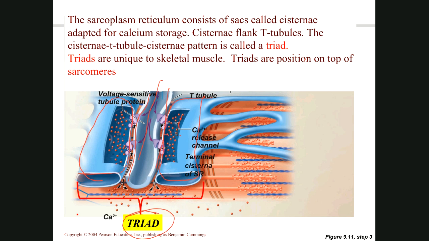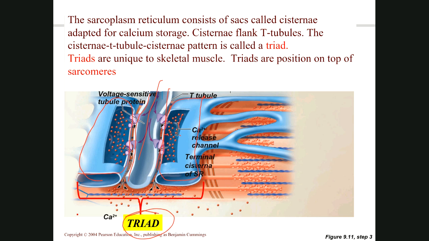Essentially what's going to happen is that the nervous impulse, which is commanding the cell to contract, is coming from the neuron, and the impulse will be transferred from the neuron to the muscle cell.